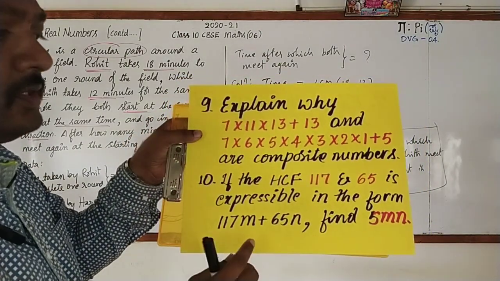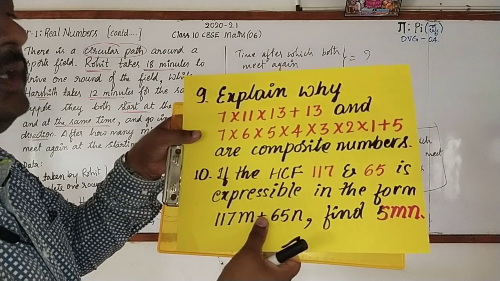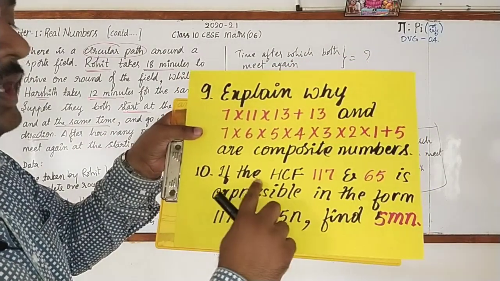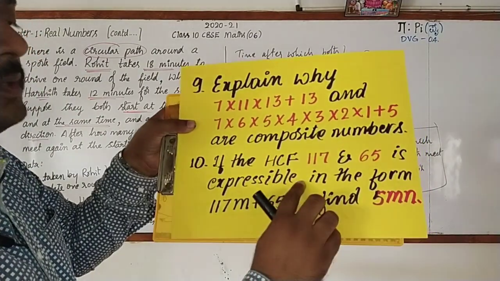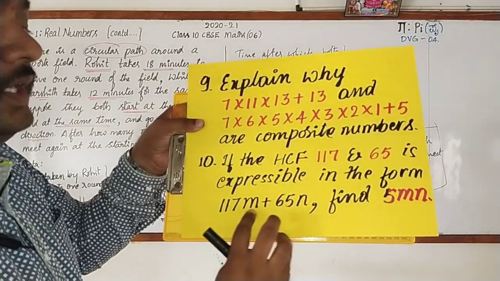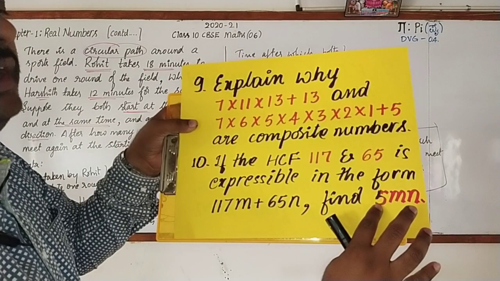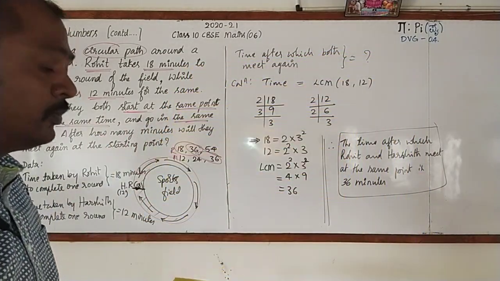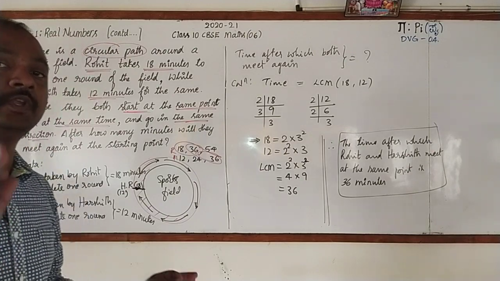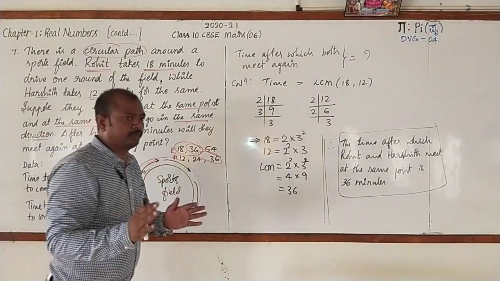It should be practiced. And one more, I think in yesterday's class only we had done this one: if HCF of 117 and 65 is expressible in the form 117m plus 65n, find the value of 5 into mn. So these are the most important problems which you must practice without fail.